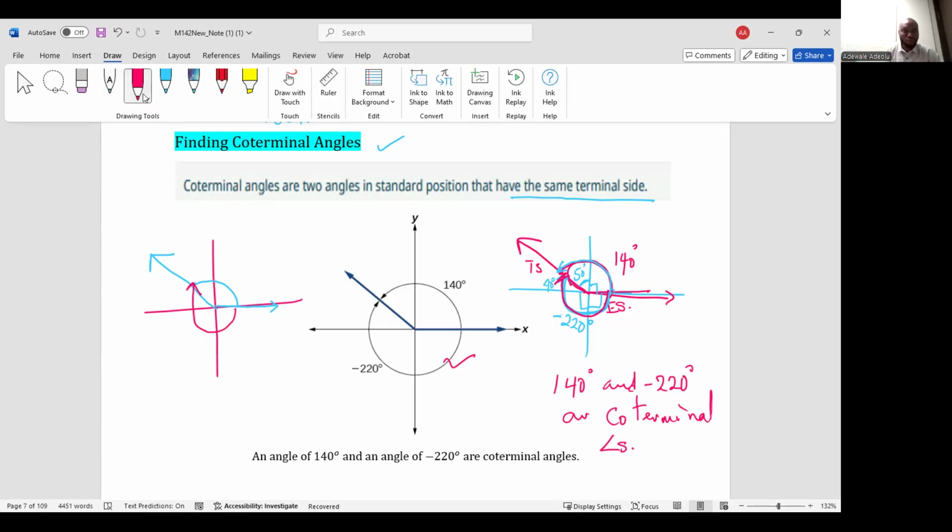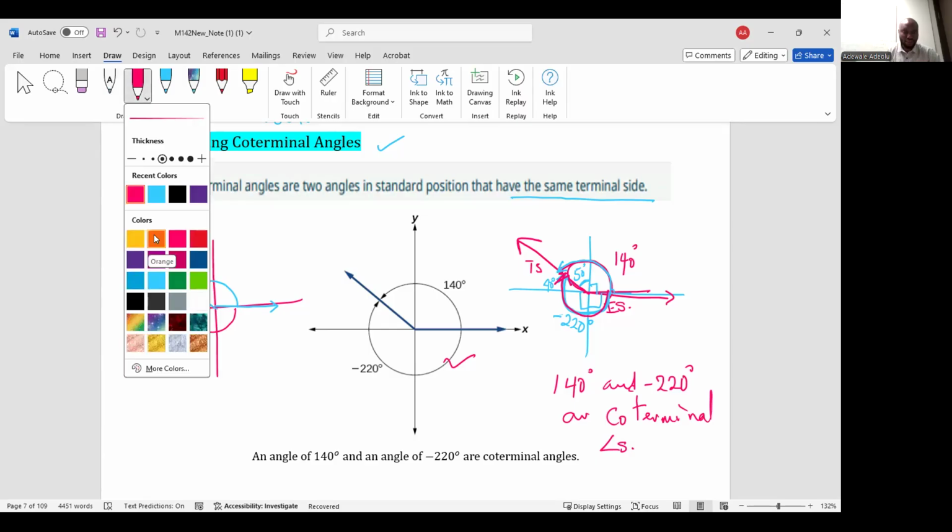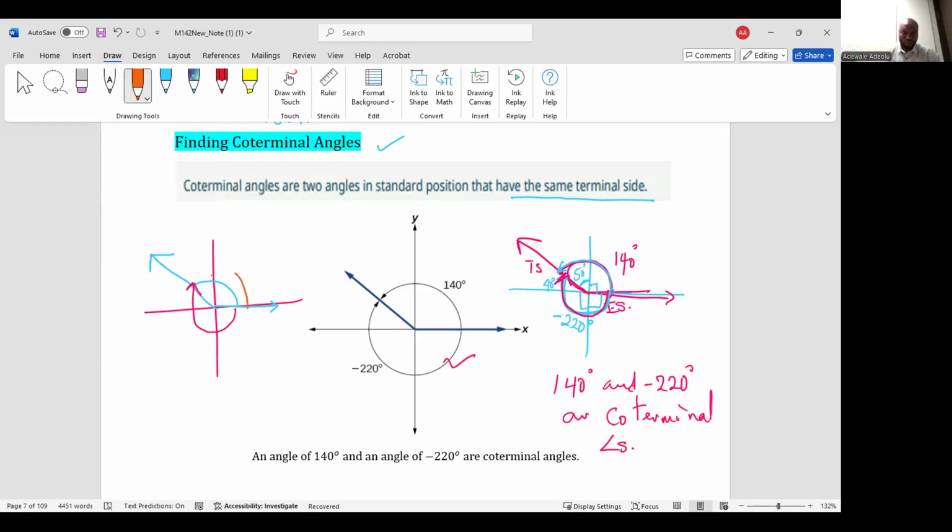Now, what if we have something like this? Here, I move like this. I go here and this. Boom. Whatever I have there is still coterminal with 140 degrees. What do I mean? Again, I start from the initial side. I move a full circle.